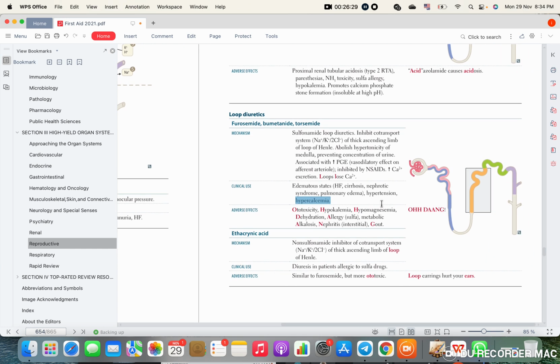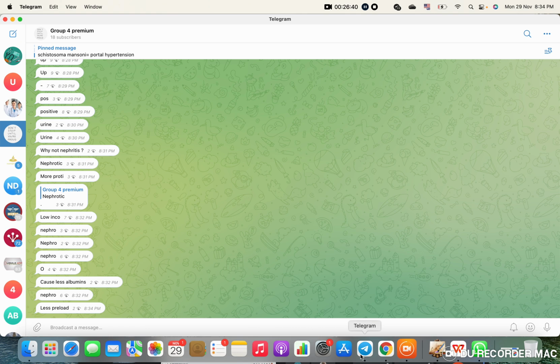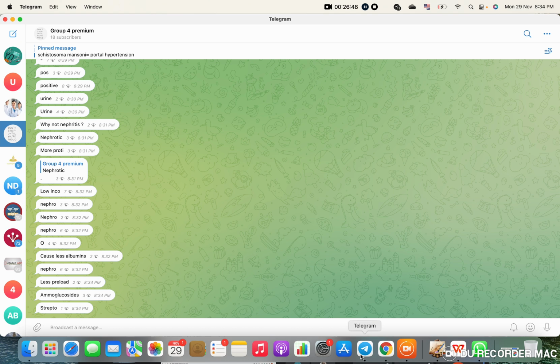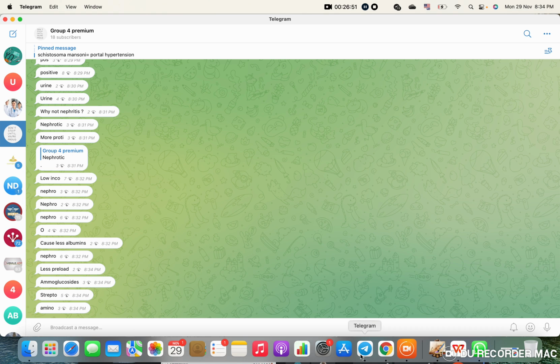It has some side effects you must know about. It can lead to ototoxicity. Can someone tell me which antibiotic leads to ototoxicity? Antibiotic leading to ototoxicity. Aminoglycosides, exactly. Streptomycin, good. Okay, good.